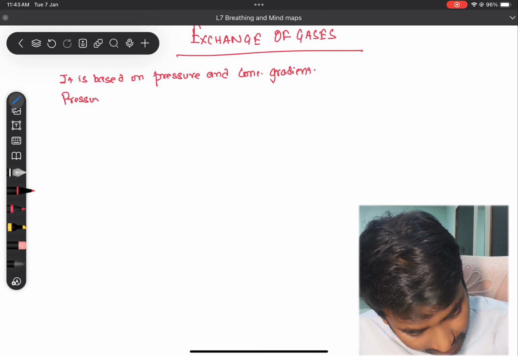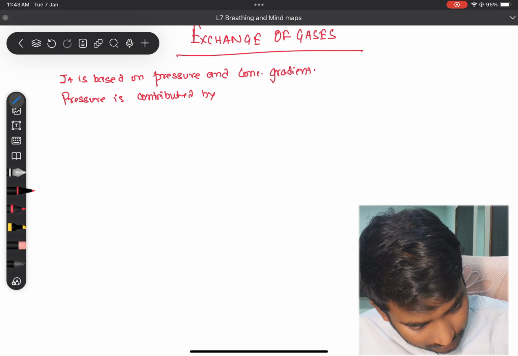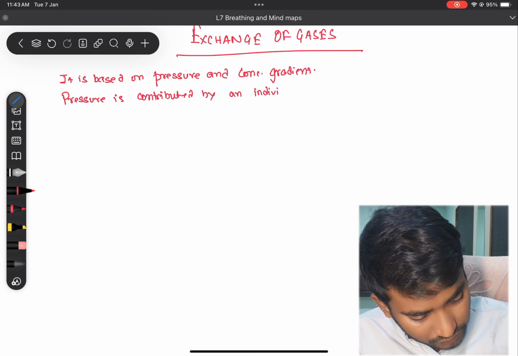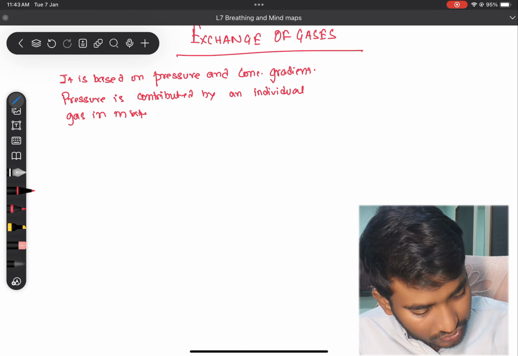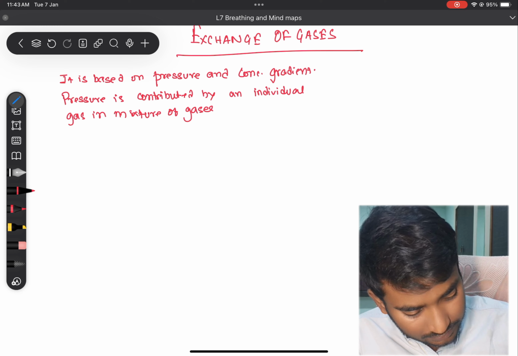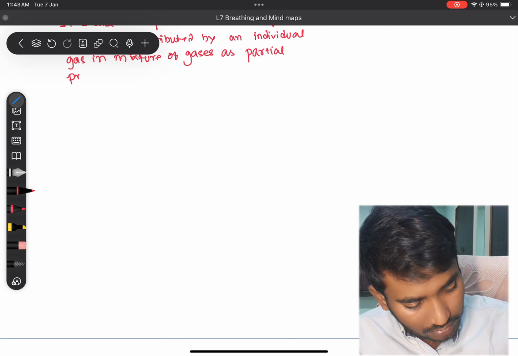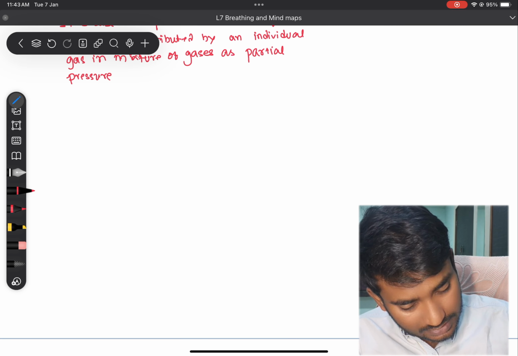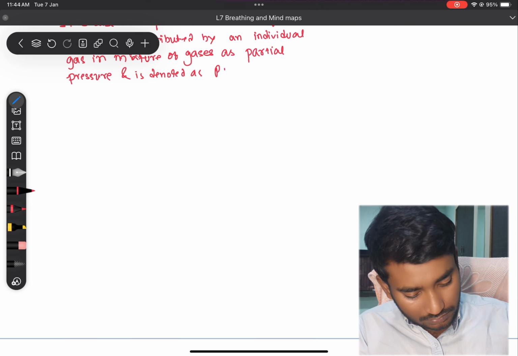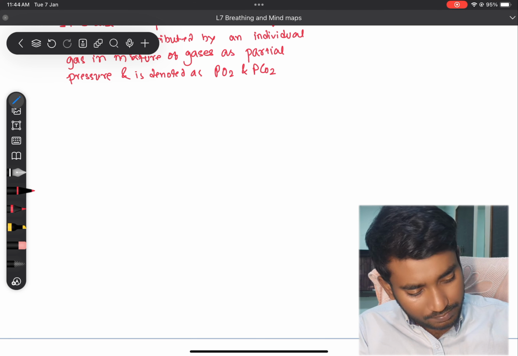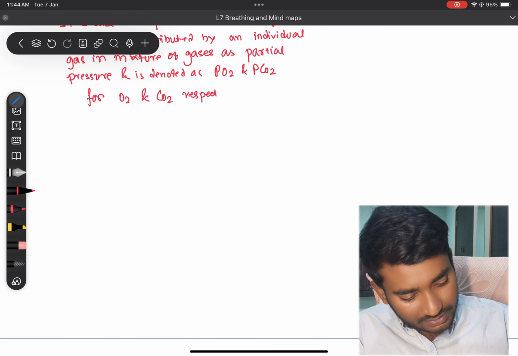Pressure contributed by an individual gas or in a mixture of gases is the partial pressure, and is denoted as PO2 and PCO2 for O2 and CO2 respectively.